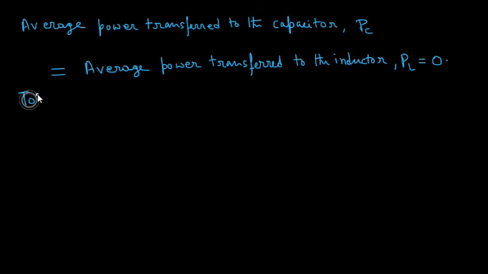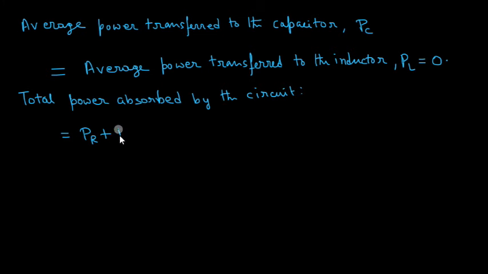Total power absorbed by the circuit is equal to PR plus PC plus PL, which is equal to 788.44 plus 0, which is equal to 788.44 watt.